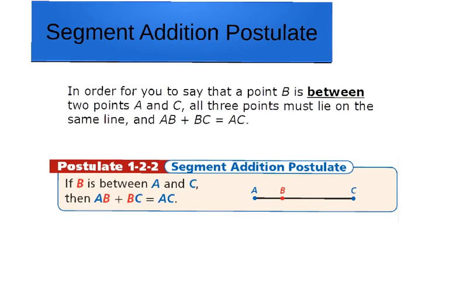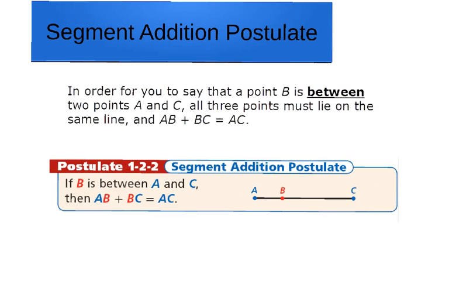Here is the segment addition postulate. It is going to stay with you pretty much for the duration of geometry, so let's not forget this. We're going to be using it in proofs and everything from probably here on out. Not to scare you, but just to let you know, this is very important. Let's look at this postulate down here.